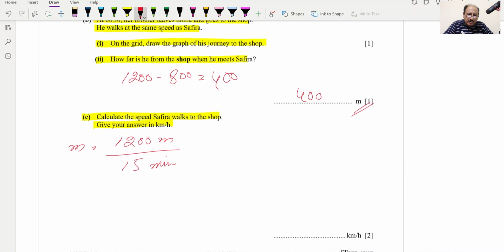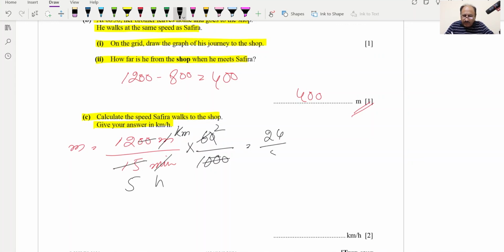So minutes we will convert into hours, divided by 60, and meters will be converted into kilometers by dividing by 1000, and now this is changed to kilometers. 3 zeros we can cancel, and then 3 twos are 6 and 3 fives are 15, so this will be 24 over 5, and 24 divided by 5 will be 4.8.